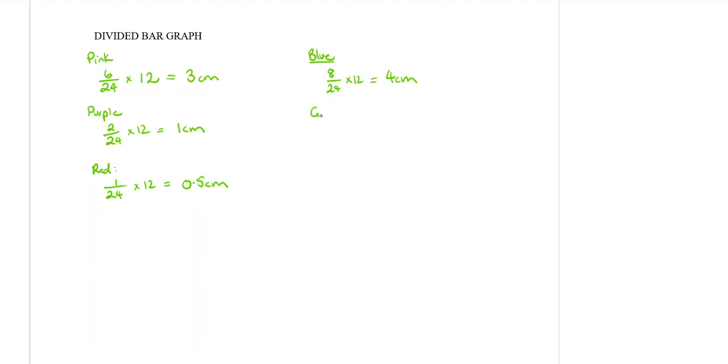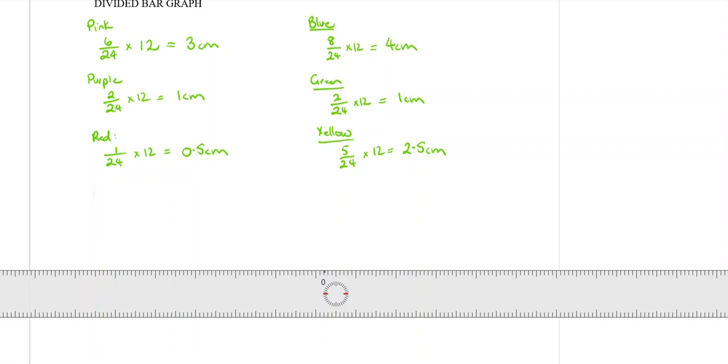Then green is 2 out of 24 times 12. That's 1 centimetre. And yellow is 5 out of 24 times 12, which is 2.5 centimetres.